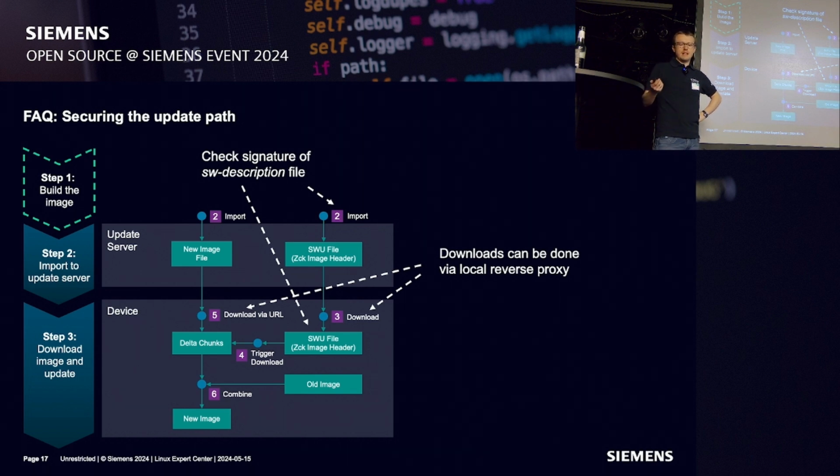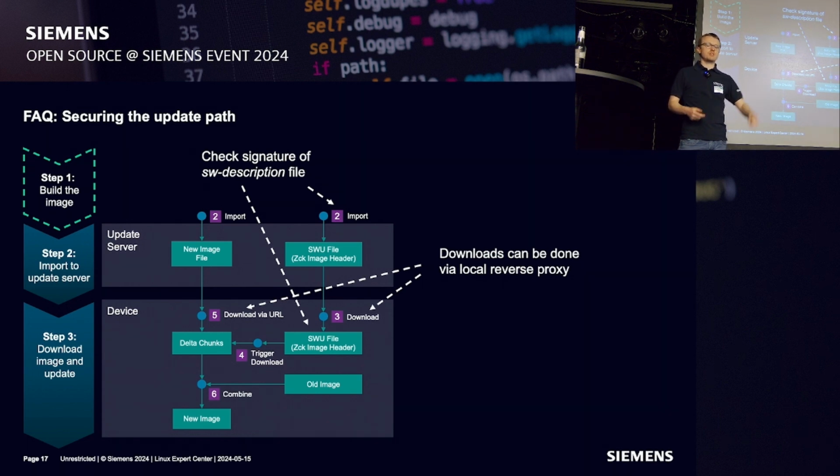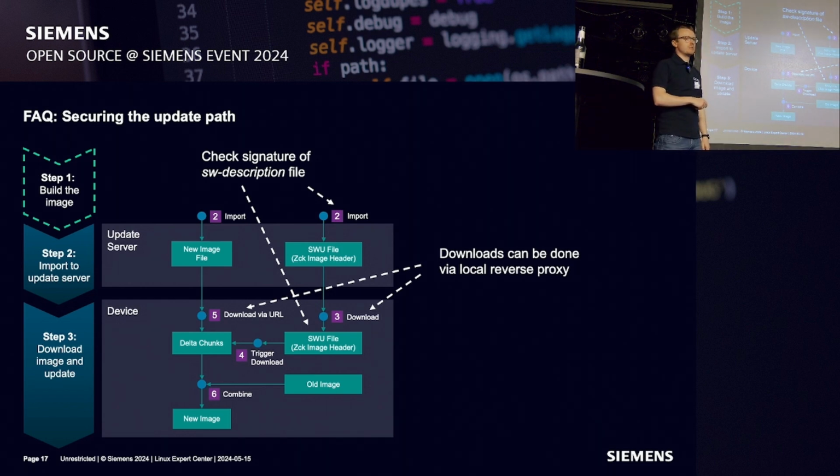If you are concerned about the confidentiality on this download path, you have two options. One is to use HTTPS, simple. But if you have more complicated workflows where you might need some login, for instance, to be able to pull the image, you can even do that by just running a local reverse proxy, which does all the authentication and token injection, so that you then can just download from the reverse proxy, which secures this path.